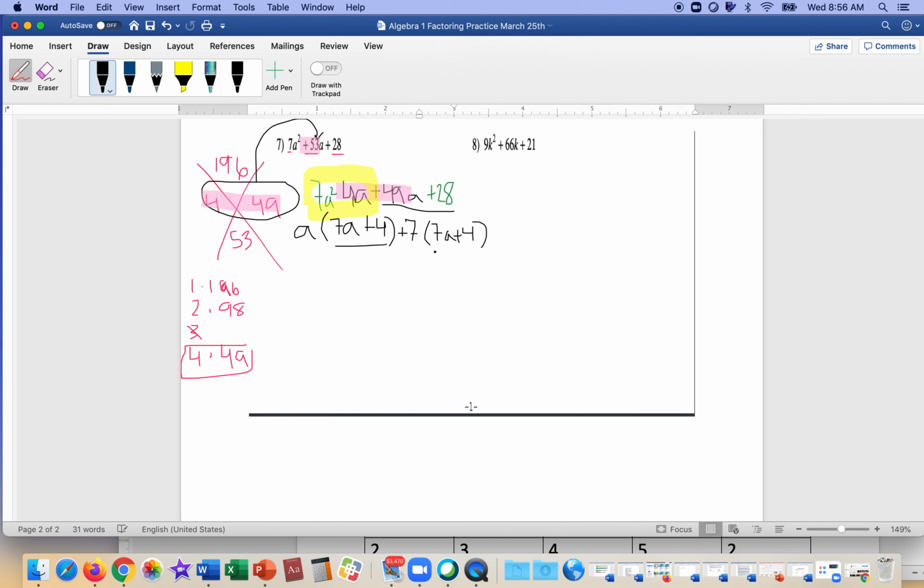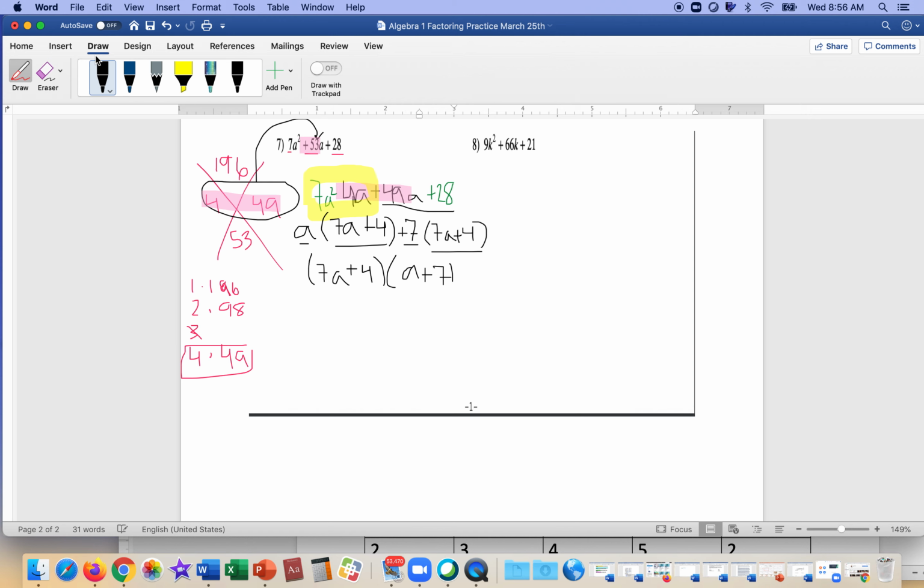As long as your parentheses sets look the same, we're going to write that once because both terms have that in common. And then the values in front, which were an a and a 7, go in the other set of parentheses. And that's our final answer.